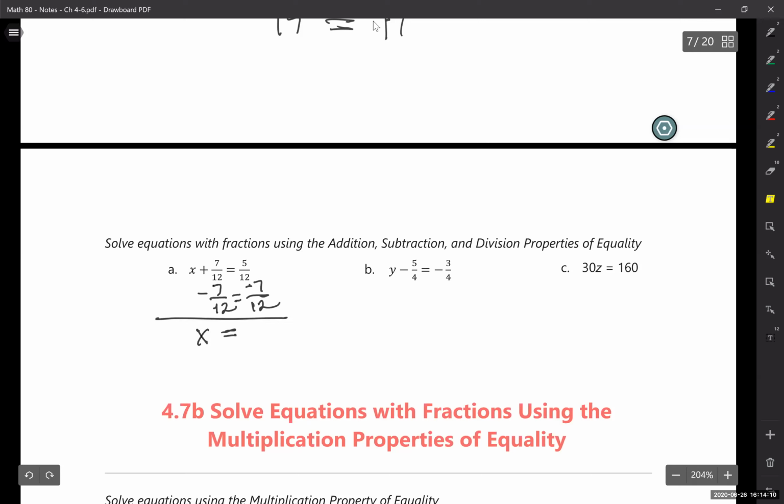And so really the difference is just the added rules that come along with fractions. So I have a common denominator. I want to subtract 5 minus 7, gives me a -2. And then finally I want to reduce, and so I end up with x equals -1/6.